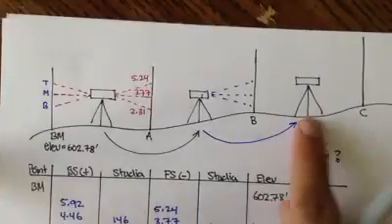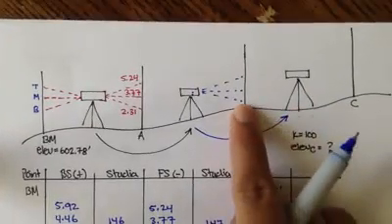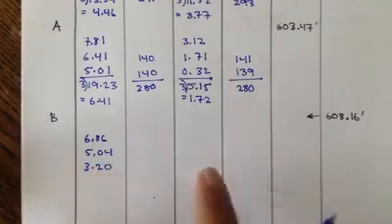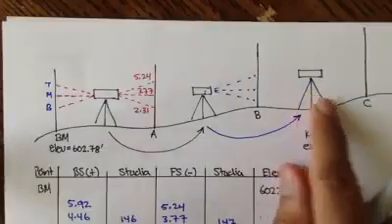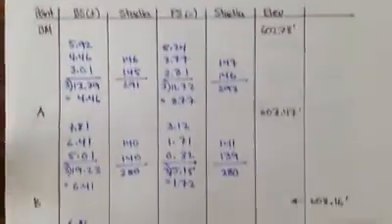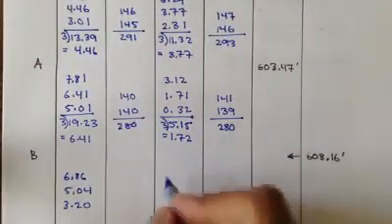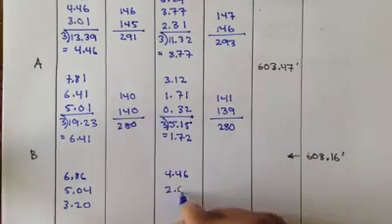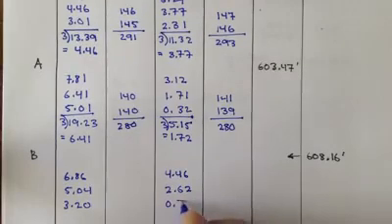So you're at this point and you're backsighting to B, and you read the top, middle, and bottom, and you get these numbers. For the foresight, you're at this instrument and you foresight to C, and you read the top, middle, and bottom. You get 4.46, 2.62, 0.79.